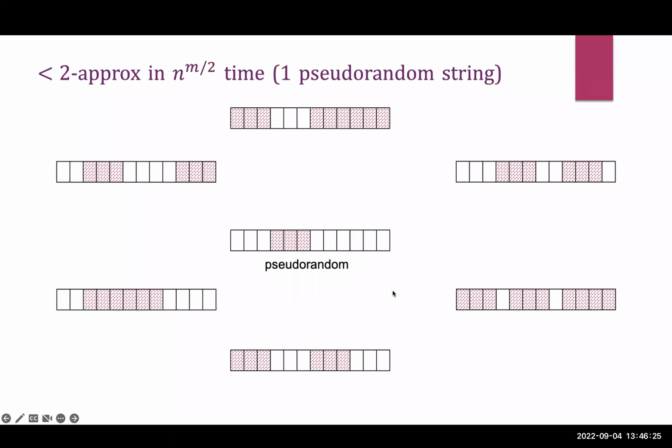But here we make an important observation. Though from the pseudorandom substrings, in the adversarial string, there can be many different matches, if I take a substring from the adversarial string, then this match is unique. So each of these 3 substrings in the adversarial string is uniquely matched with this red substring from the pseudorandom string. However, if we consider the optimal alignment, then at most one of these pairs can survive.